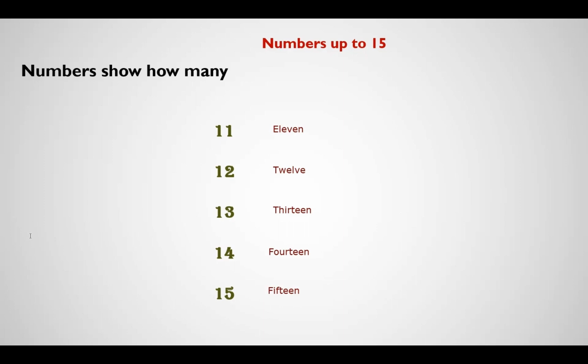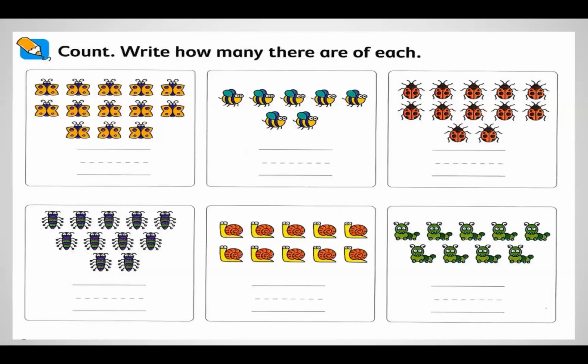Okay, let's solve an example together on these numbers. Count, write how many there are of each. We are going to write with both the digits and the letters. Let's count how many butterflies you can see in this picture. 1, 2, 3, 4, 5, 6, 7, 8, 9, 10, 11, 12, 13.